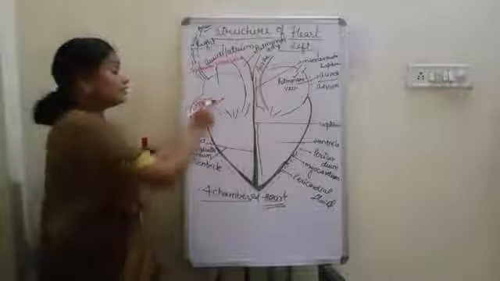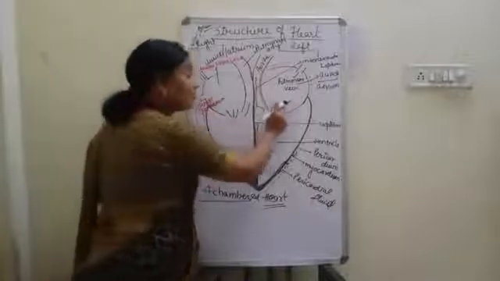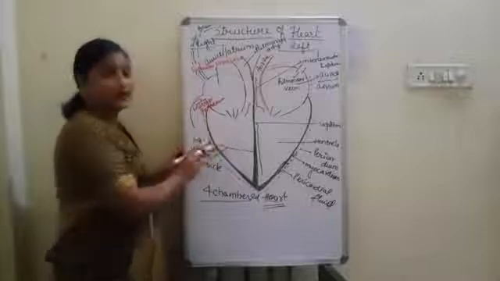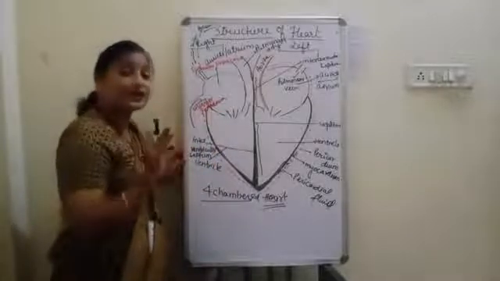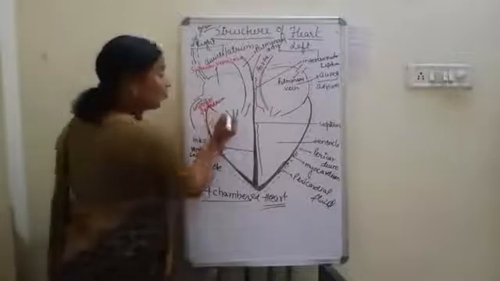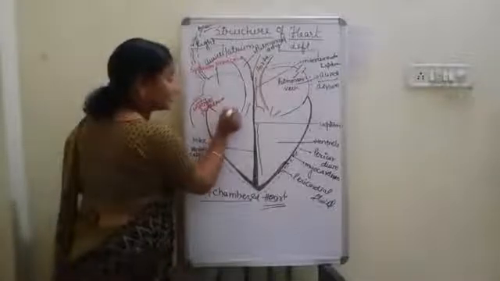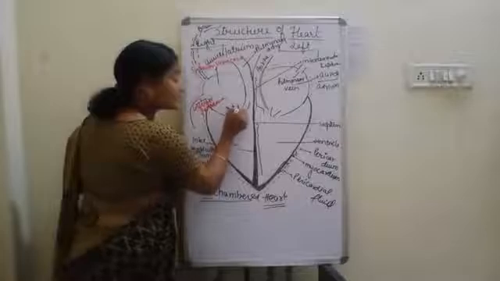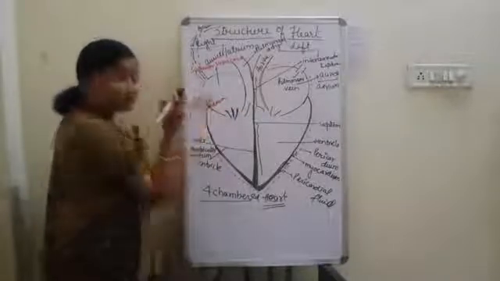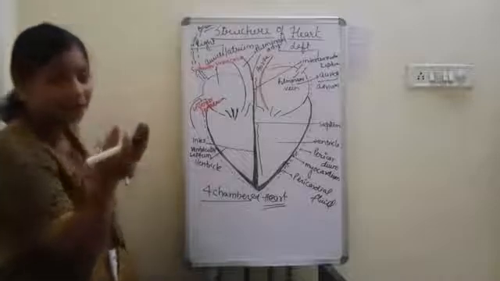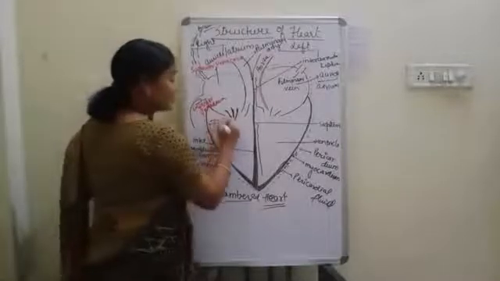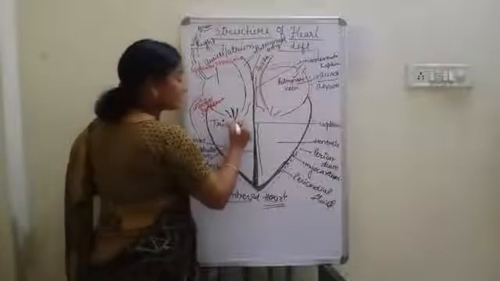Now, this auricle and ventricle are separated by cuspid valves. Okay. And this is called, now you can see, the tricuspid, because three valves are joined together and form one valve, and that's why this is called tricuspid.